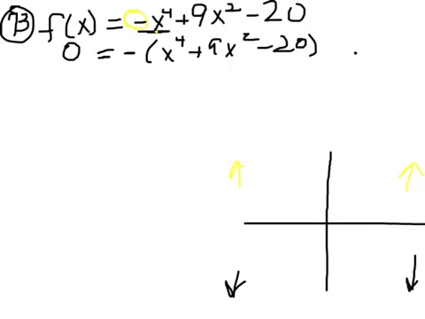Do you remember, and this has been a while since you factored, but when you have this x to the fourth and this x squared right here, we can factor this as if it were a quadratic equation. Normally if it had just been x squared plus 9x minus 20, I would have had an x here and here, right?